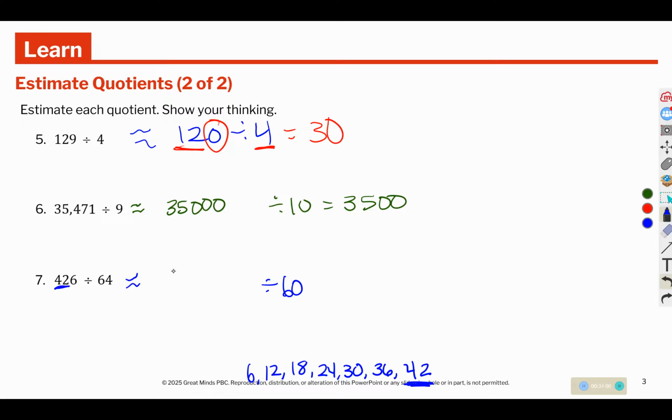So let's round that to 420. Well, 42 divided by 6, that was 1, 2, 3, 4, 5, 6, 7 of them. And then the zeros that are left are going to divide out. So this one is approximately 7.